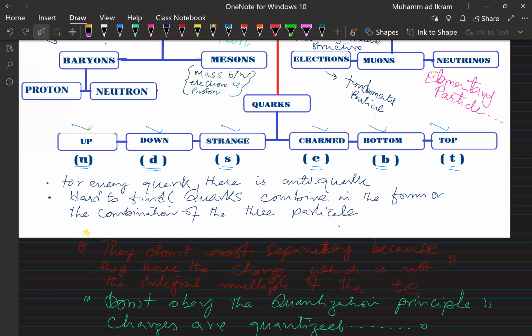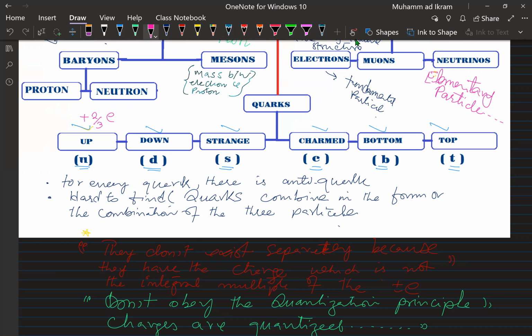So the up quark has a charge of plus 2/3 of the charge of the electron. You see that it is not an integer. This is what I was telling.